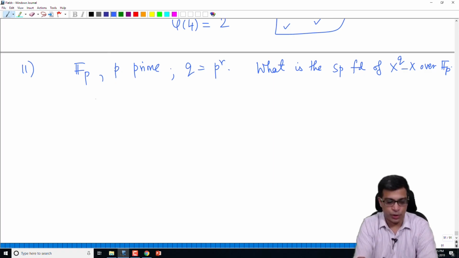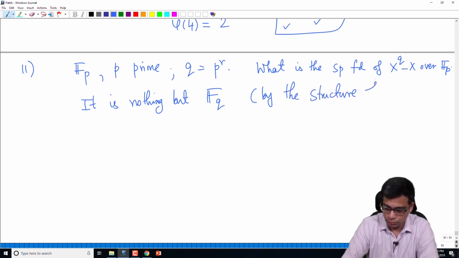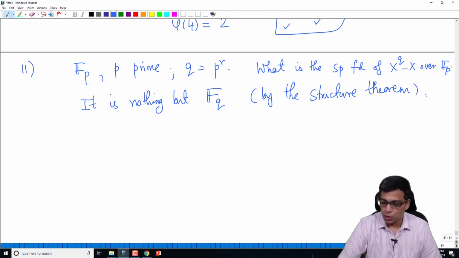This is a very simple exercise. It is actually nothing but Fq, by the structure theorem.